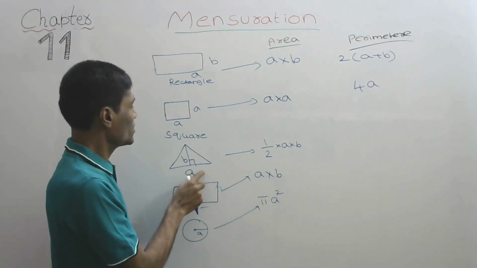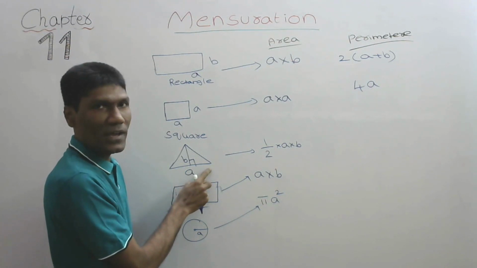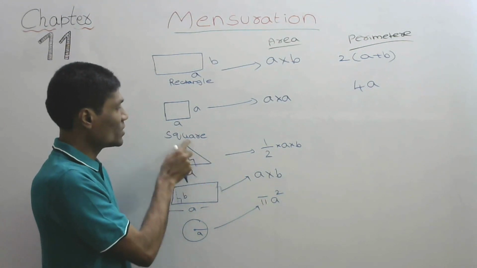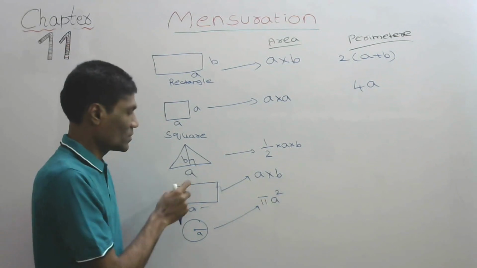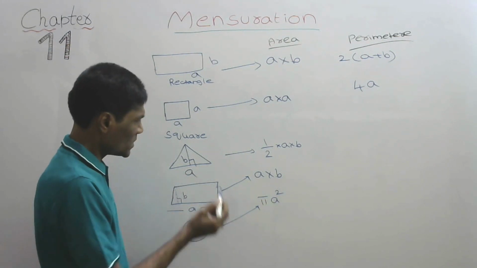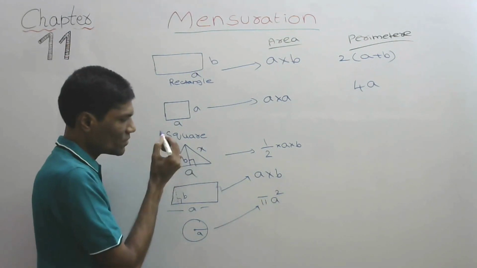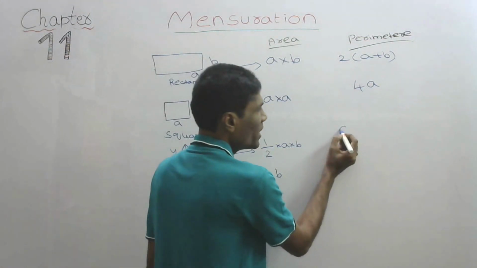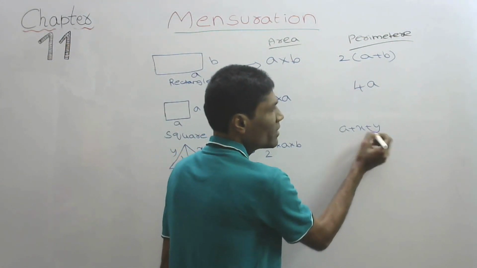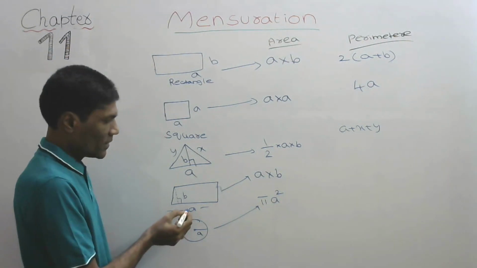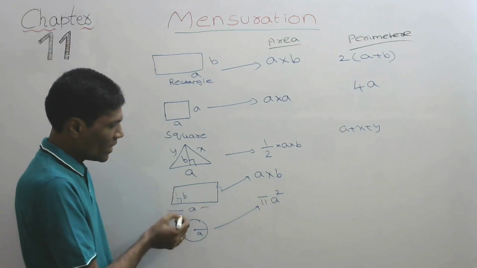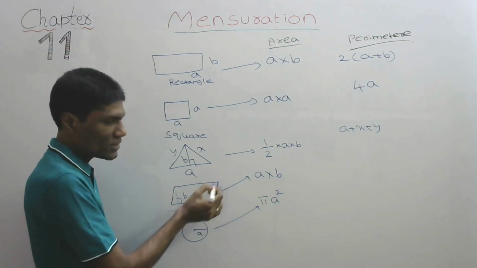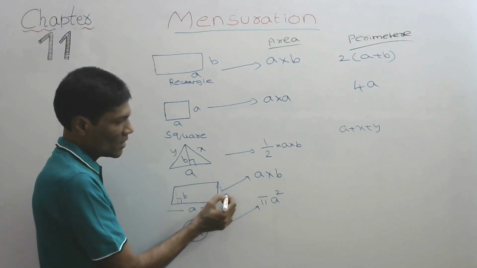And what about this triangle? This is a, and this length we need to know. So this is a. If it is x and this is y, then the perimeter will be a plus x plus y. And this one, this is a, and we are saying this is, for example, say, c.